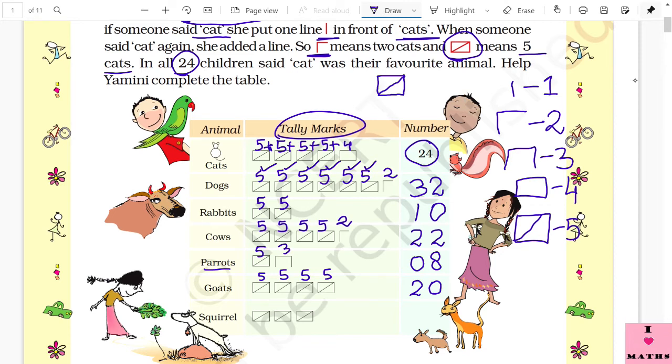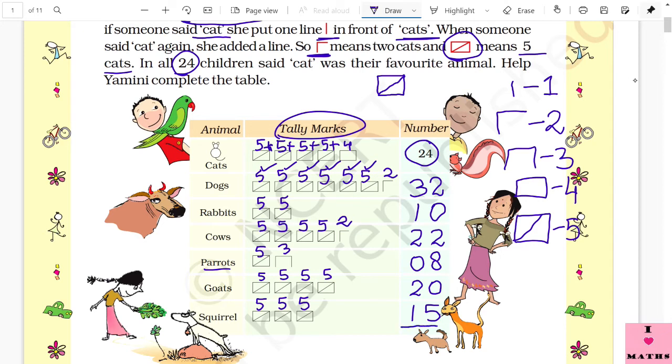Squirrel. Oh, some children liked squirrel also. How many children liked squirrel? 5, 5 and 5. 5 threes are 15. 15 children liked squirrel. So now children, if we want to find out how many children she asked about their favorite animals, what should we do?